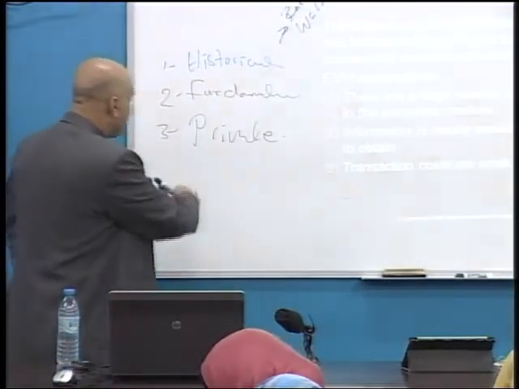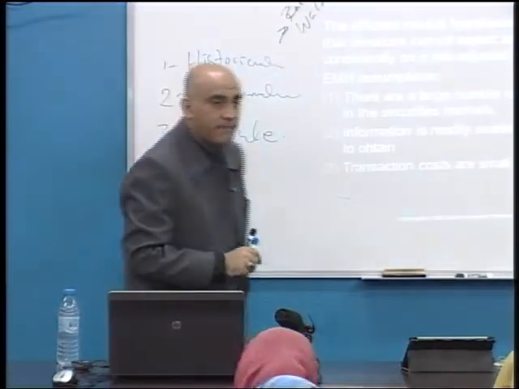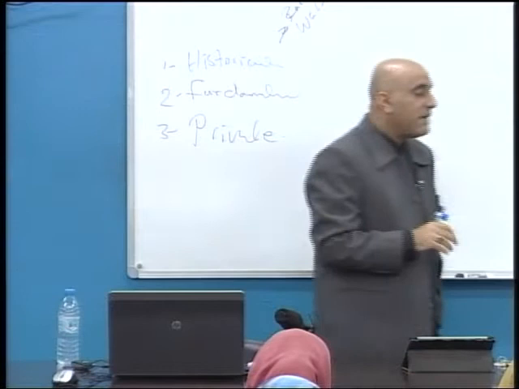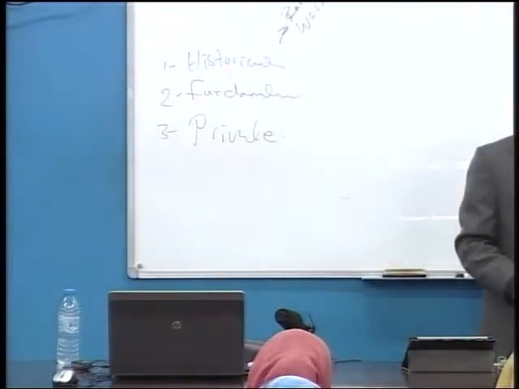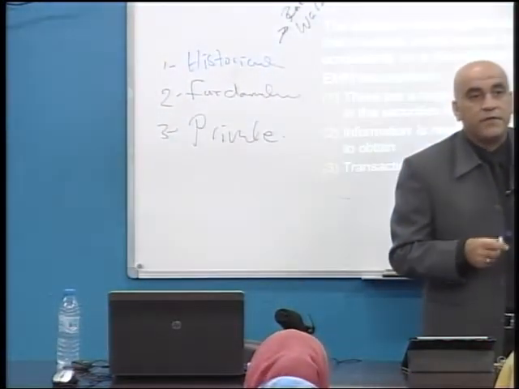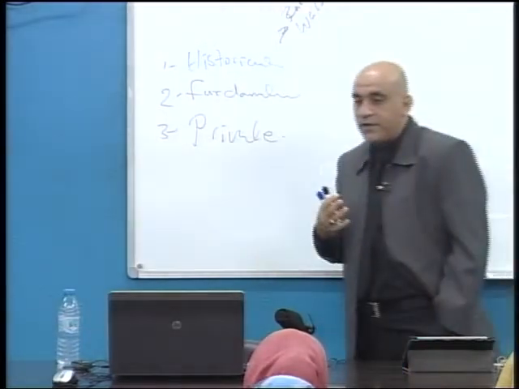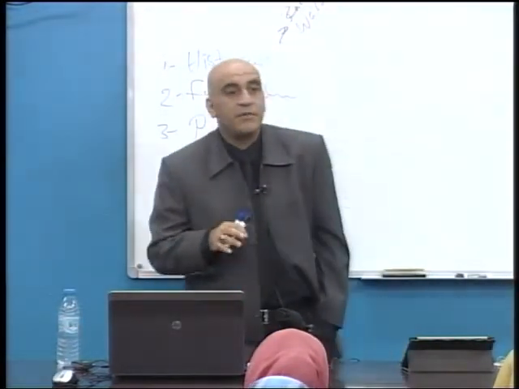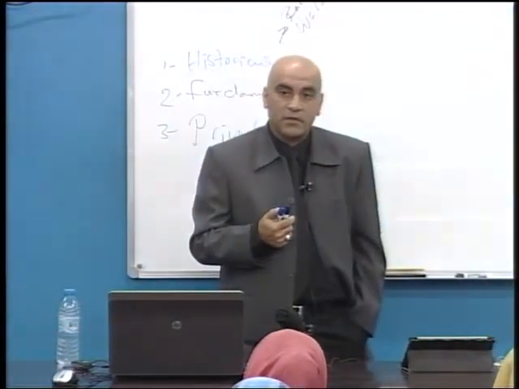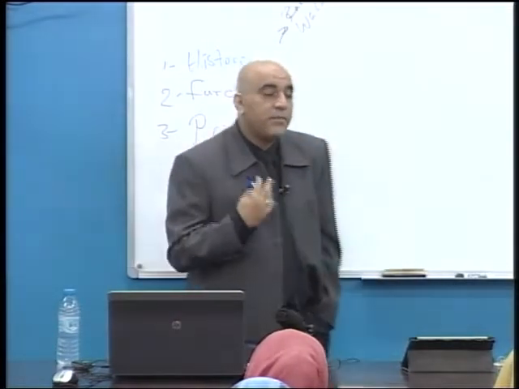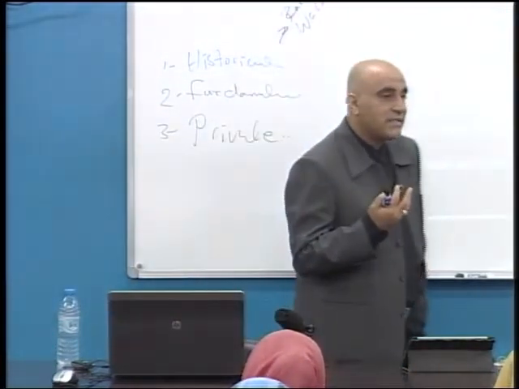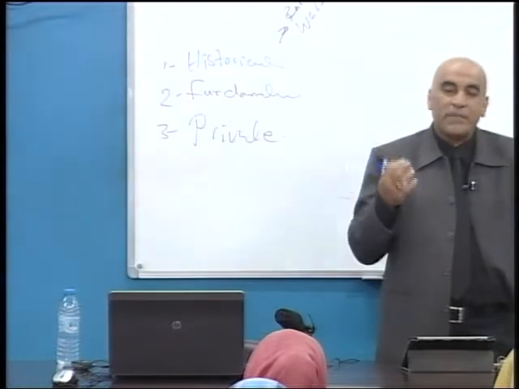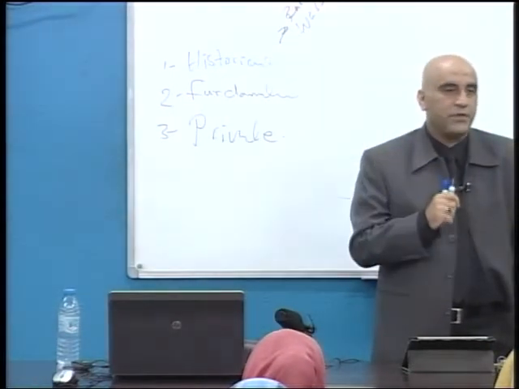Then the last is the private information. This private information is available to the insiders. The insiders include the people inside the business, like the board of directors, and the people who have access to particular information about the company.